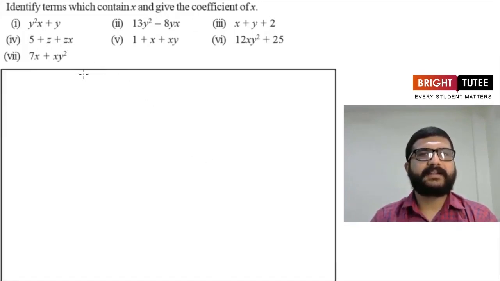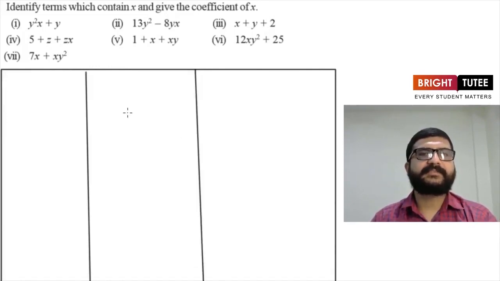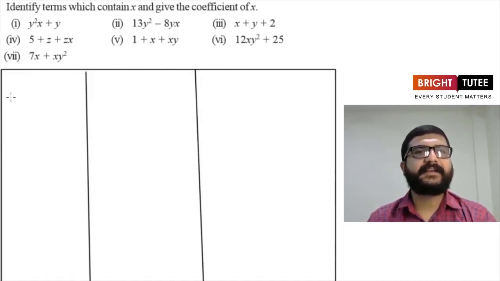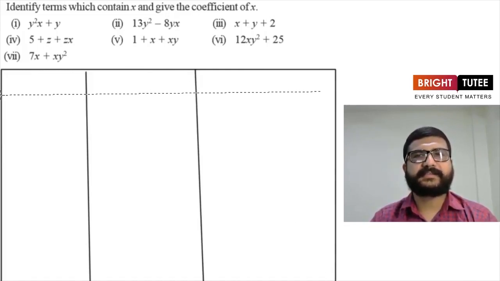In the first column we'll write expressions. In the second column, we'll write terms which are containing x, and then in the third one, it will be coefficients of x.